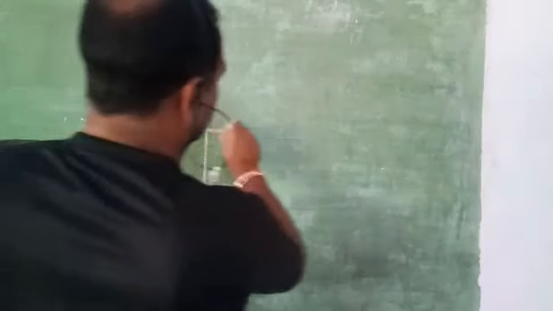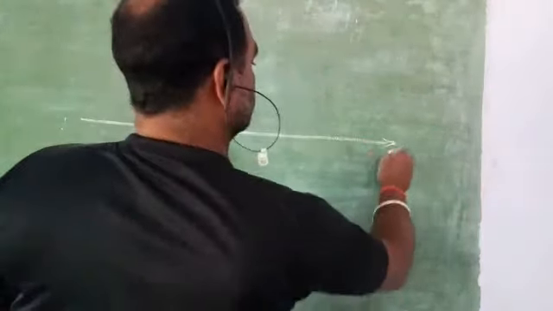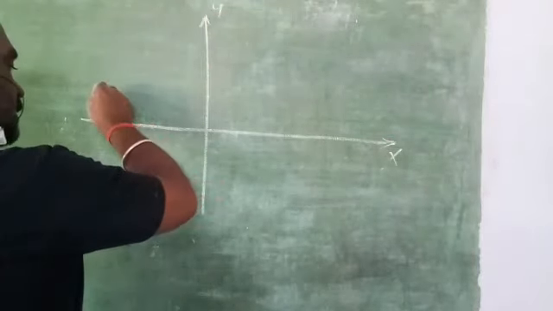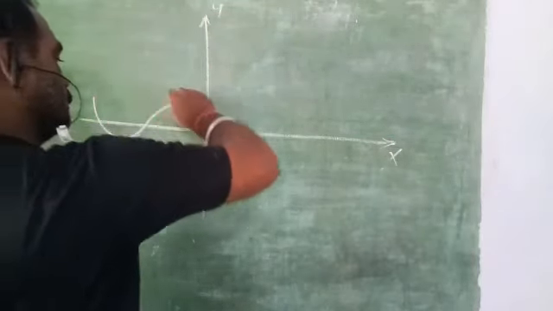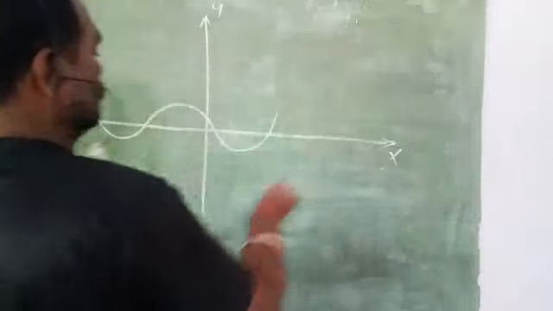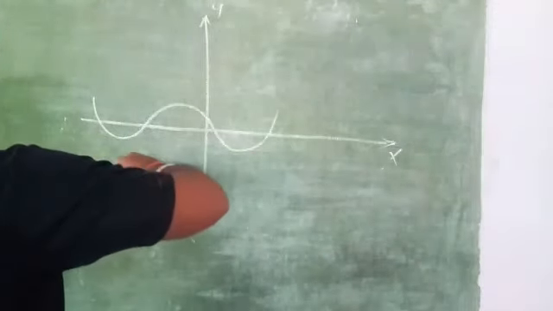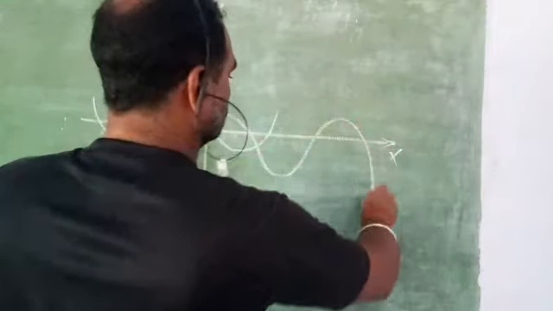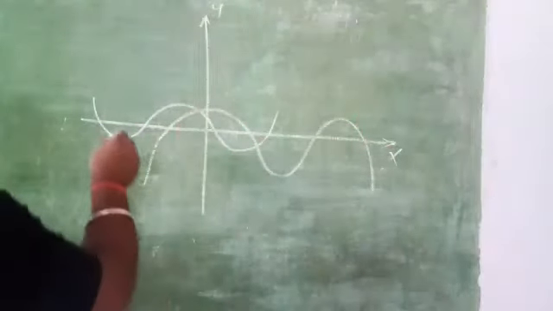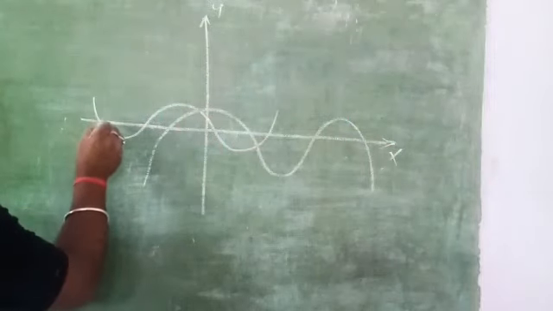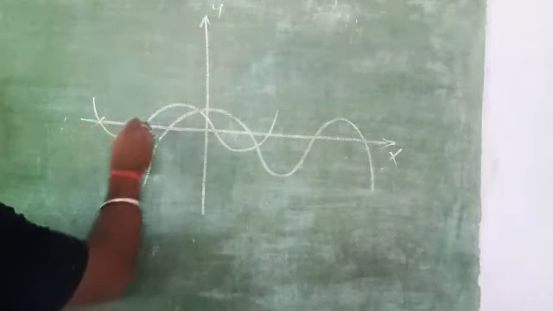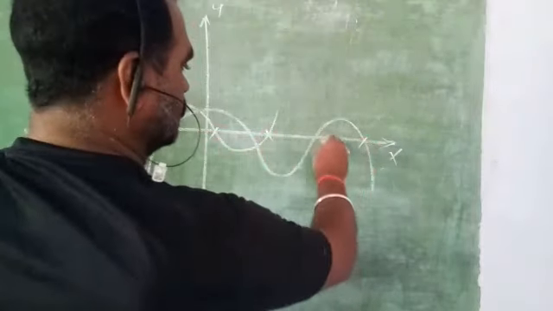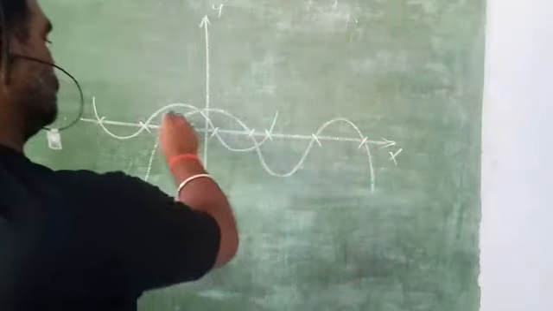The graph of the biquadratic polynomial is of the form, means the graph of a biquadratic polynomial turns 4 times: 1, 2, 3, 4.